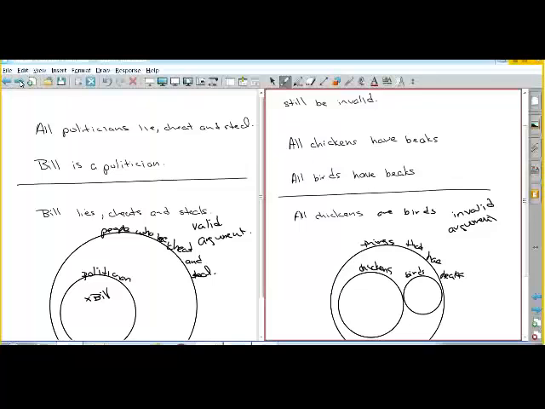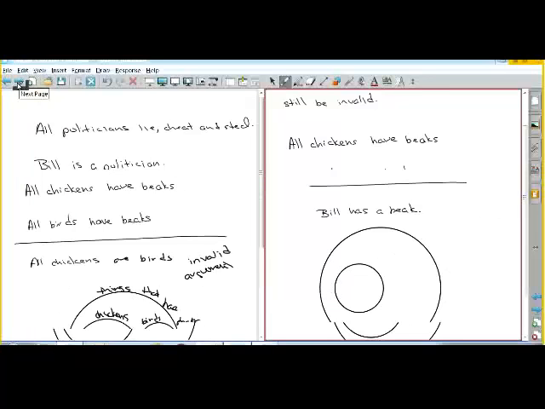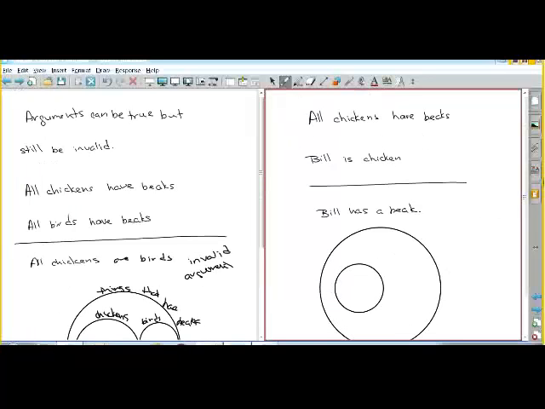So what would be a valid argument involving chickens and birds? So this is one. I still have my all statement. All chickens have beaks. So the chickens are inside here, and the outside circle represents things that have beaks. So that's the first statement.